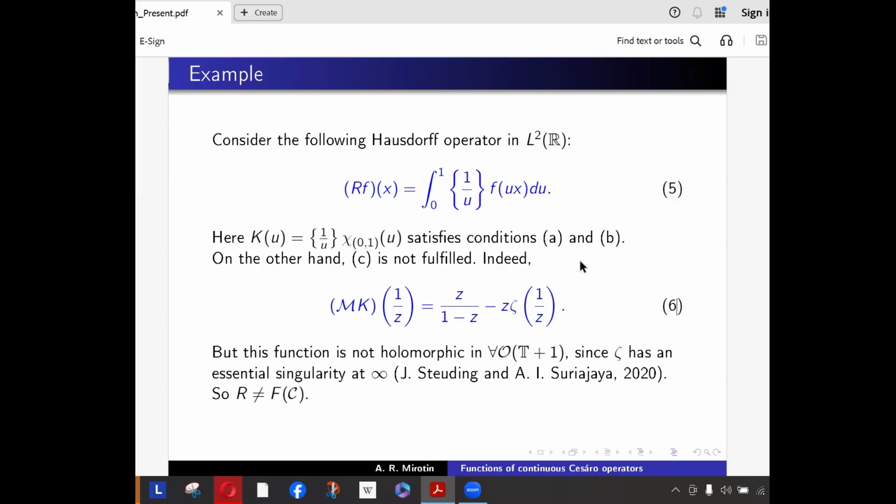But it is known, this is not an old result of Stankiewicz and Sirajiya, 2020, that Riemann zeta has an essential singularity at infinity. So the right-hand side in 6 has an essential singularity at 0. And so the Mellin transform of the kernel K in this example is not holomorphic in any neighborhood of the spectrum of the operator C.